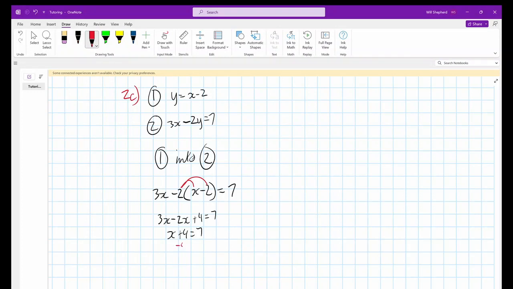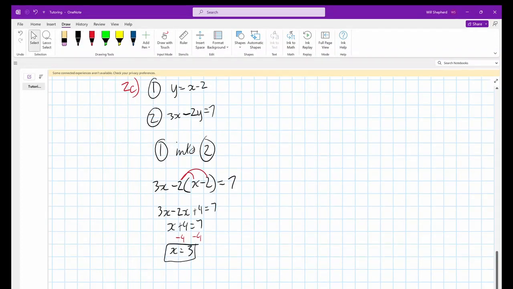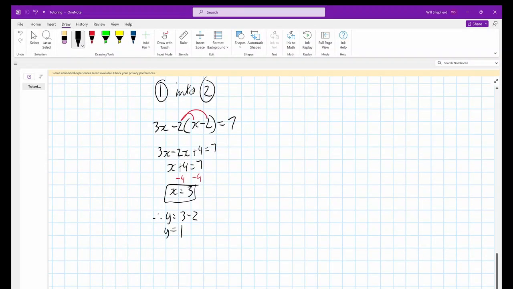Then we would minus 4 from both sides to get rid of that plus 4, and x would be equal to 7 minus 4, which is 3. Then we can say that y, like before up here in equation 1, is going to be equal to 3 minus 2, and 3 minus 2 is, of course, y equals 1. So let's put a box around that, and that one is done.